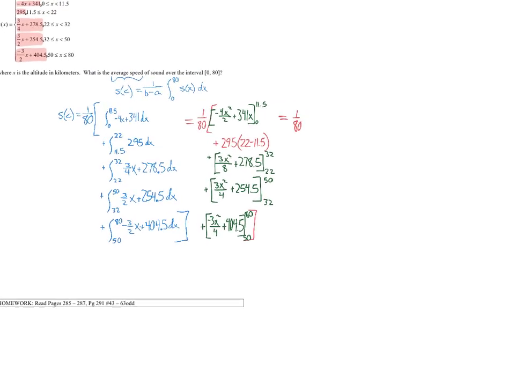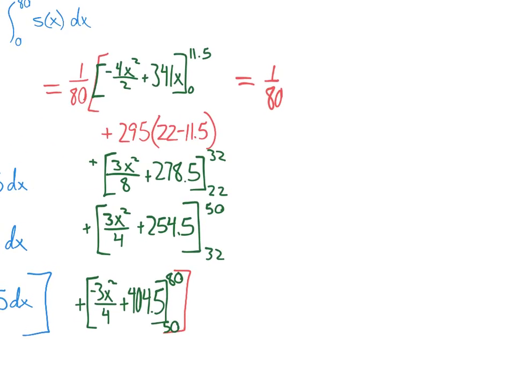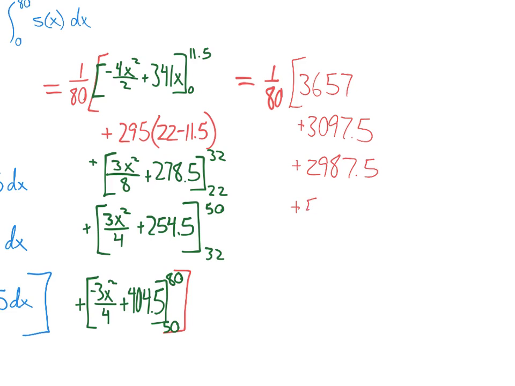times, what did you get for the first one? 3,657. Okay. And then plus 3,097.5. Okay. Plus, what did you get for the next part? 2,987.5. Okay. The next part? 5,688.